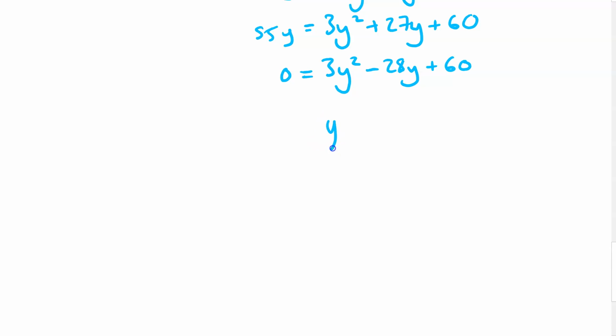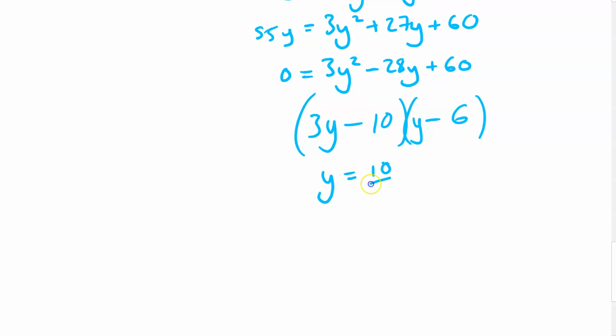Okay, so y, will this factorise? It's not going to be a nice one. I need to make 28 and 60, so I'm going to try 12 and 5. No. 6 and 10 gives me 30 take 6. Or 18 take 10. Oh, 18. Hang on. There we go. Got it. 18 and 10. So y is 10 over 3.